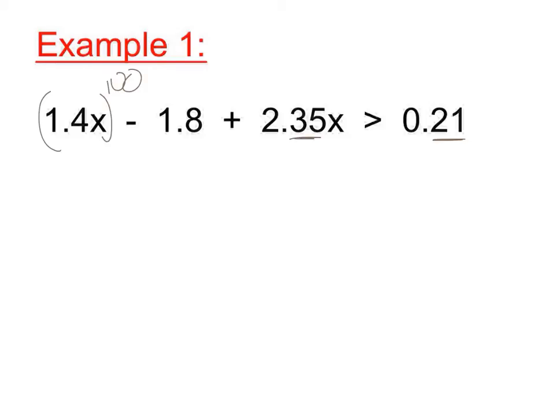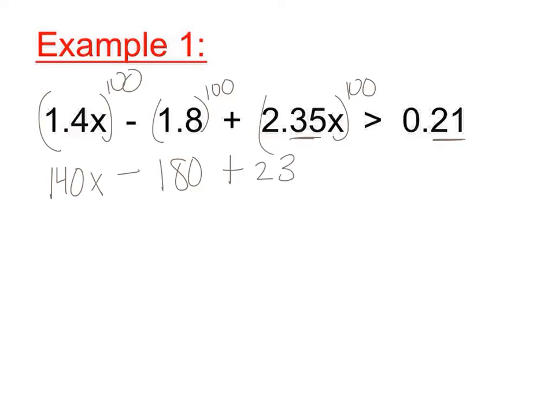Remember, we just moved the decimal twice, so that's 140x minus 1.8 times 100, that's 180, plus 2.35x times 100, 235x, is greater than 0.21 times 100, which is 21.